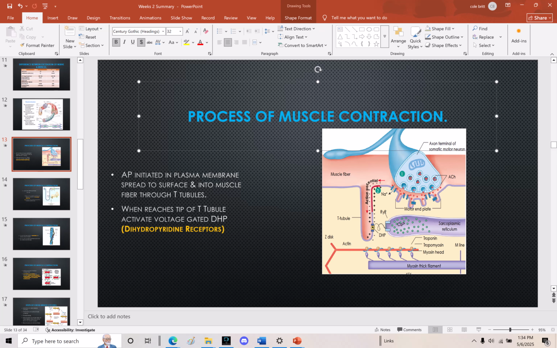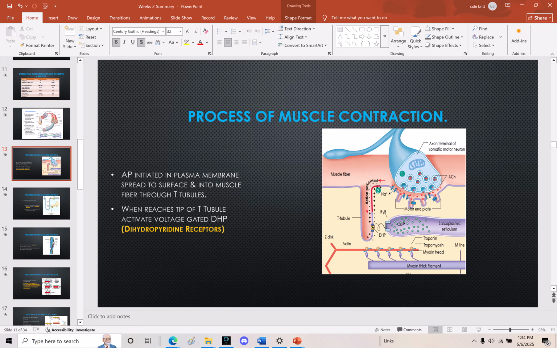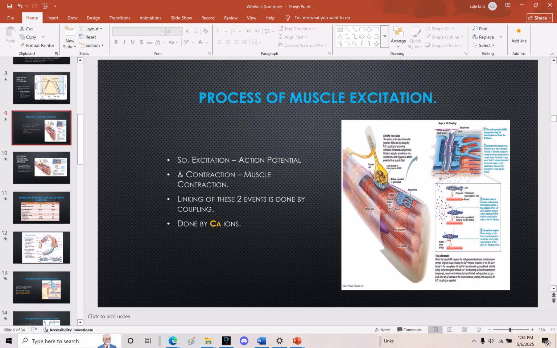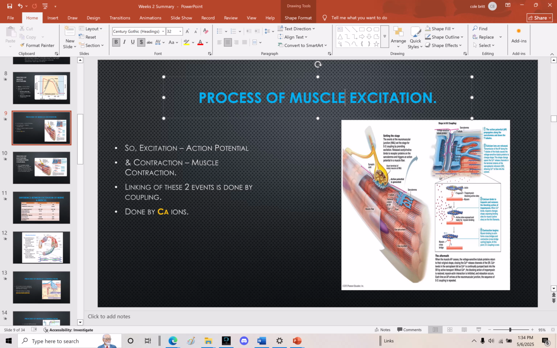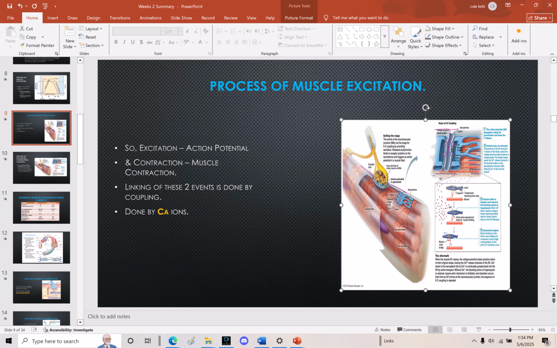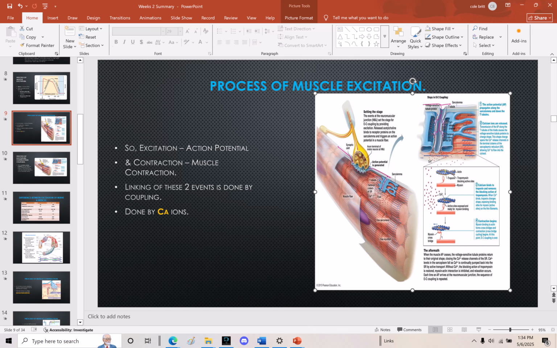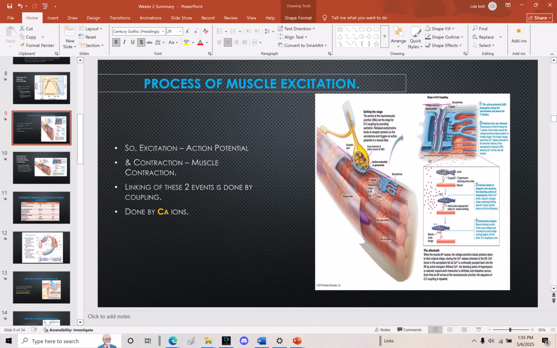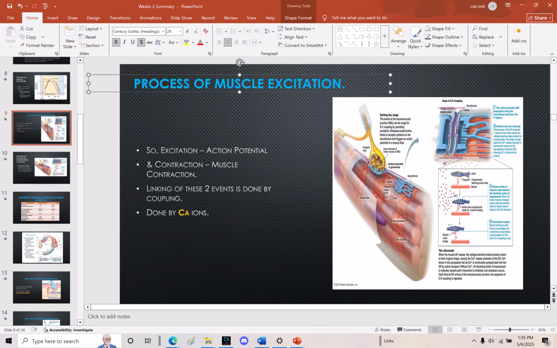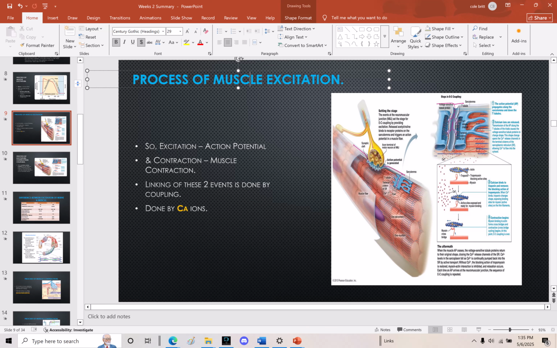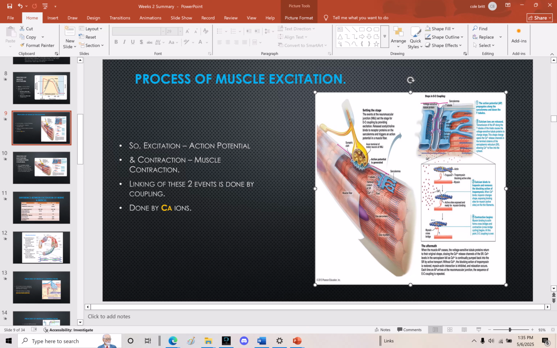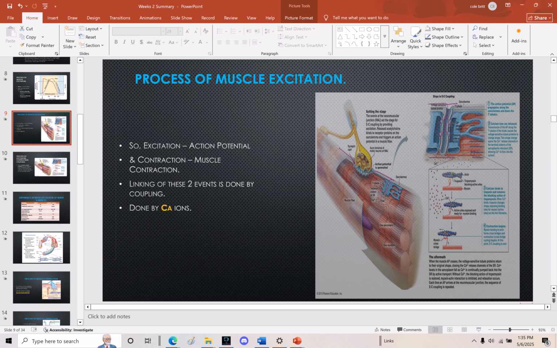Okay, now within our muscle fiber, and again, this is skeletal muscle fiber, we have actin and myosin, and on the outside, we've got sarcoplasmic reticulum. For skeletal muscles, sarcoplasmic reticulum is going to store calcium.